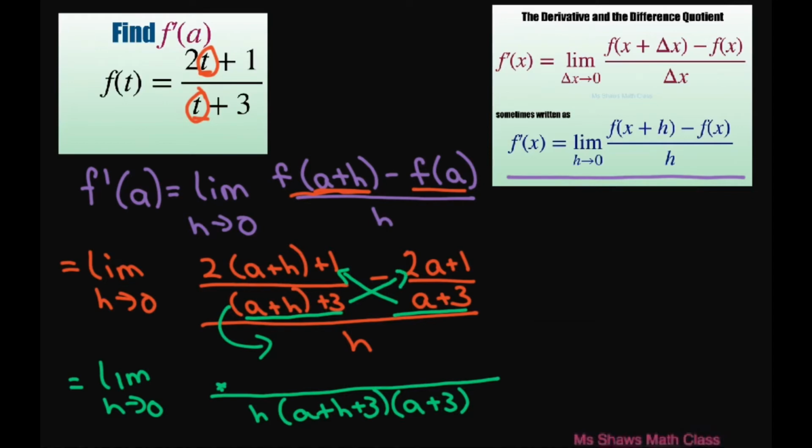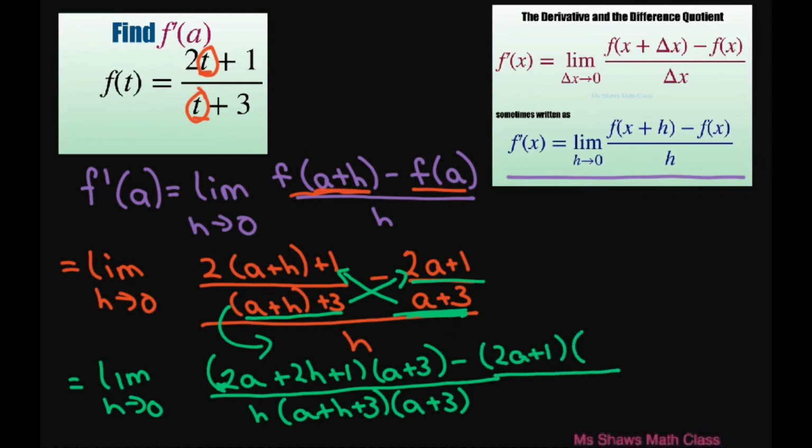So this is going to be (2a plus 2h plus 1) times (a plus 3), minus (2a plus 1) times (a plus h plus 3). Now the hardest part is going to be simplifying all this.